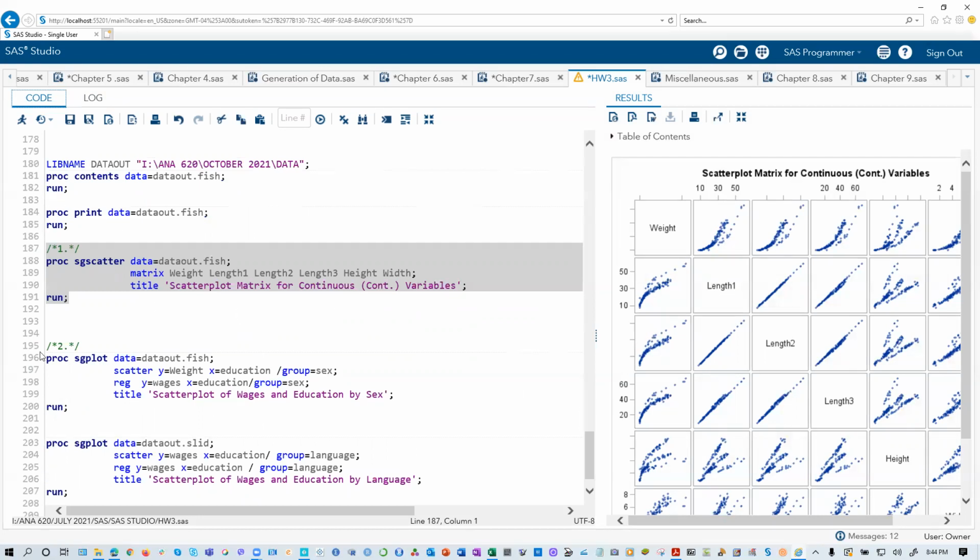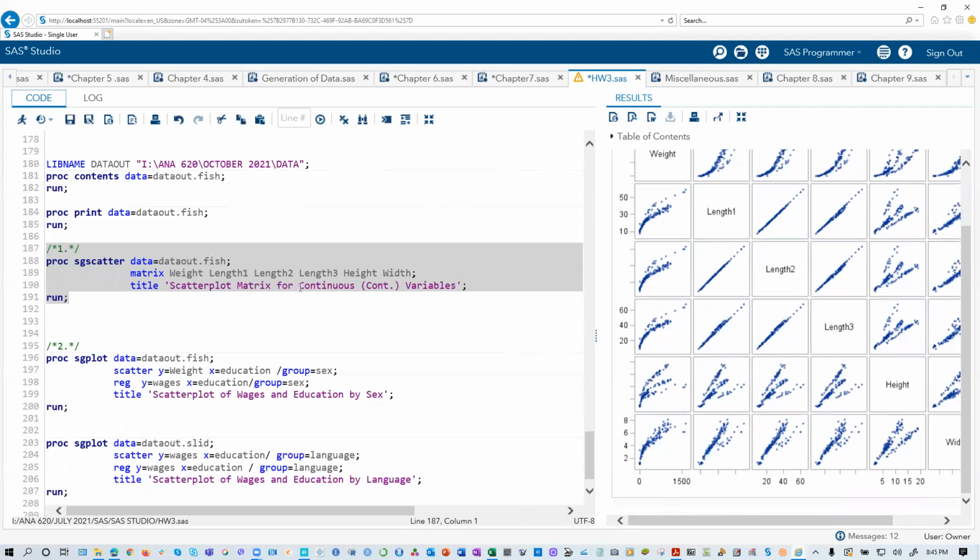It's very clear, it says wages can be replaced by weight, but the education should be replaced by what? That's the one that I was wondering, because with length 1, length 2, height, weight, they haven't given that one clearly, because these are all questions already prepared by the university. It's already set up over there.